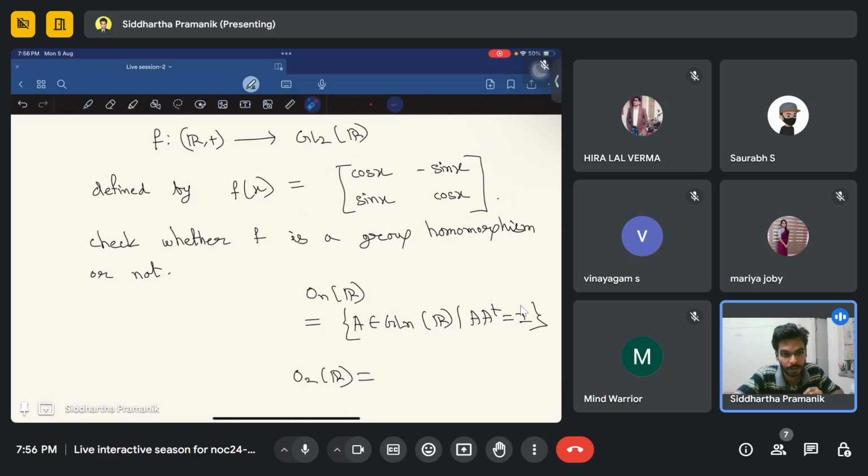So I want you to check what the kernel will be, because the image is O_2(R), as I have told you. So just try to find out the kernel.